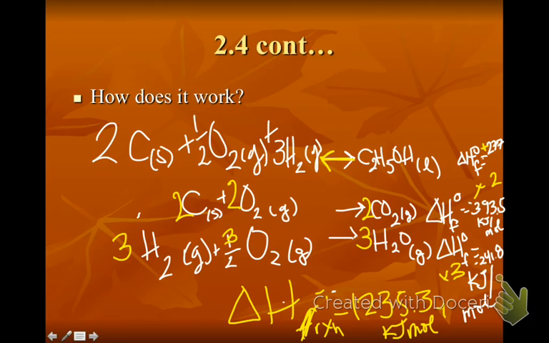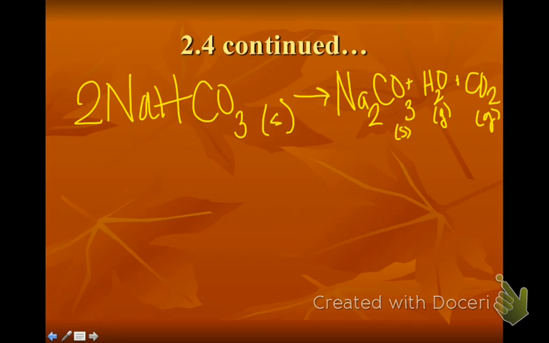And then finally, in our last equation, water is on the correct side, the product side. However, there were 3 moles of water created, so we're going to multiply that value by 3, and that means everything else is going to get multiplied by 3. So this is going to become 3 halves, and H2 is going to become 3, and we're going to need to multiply that delta H value by 3 as well.